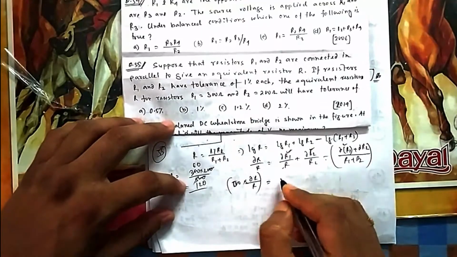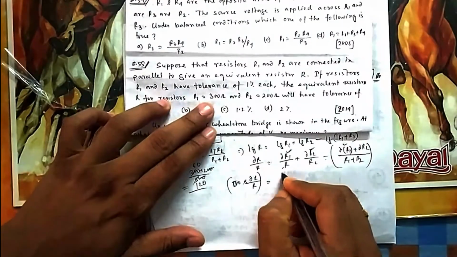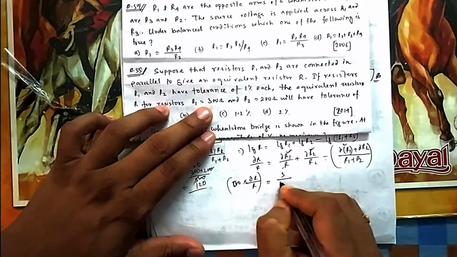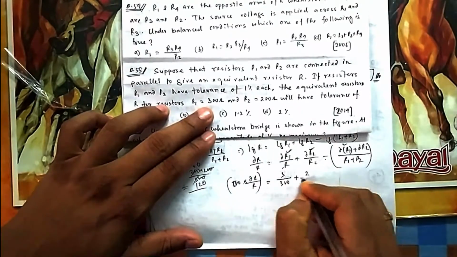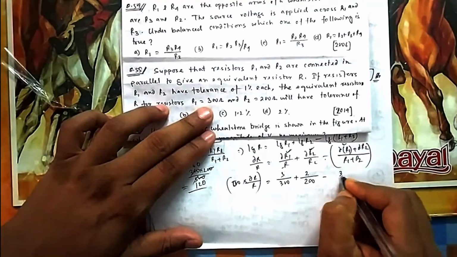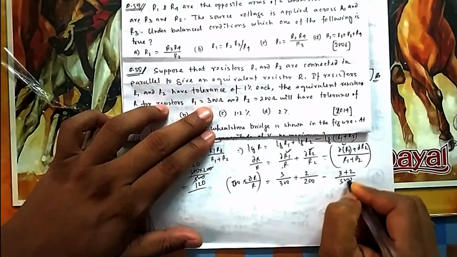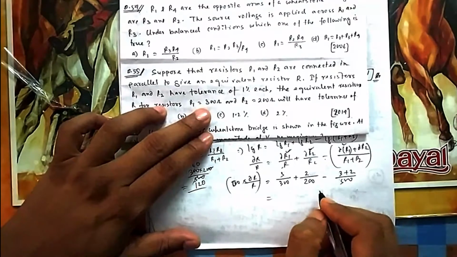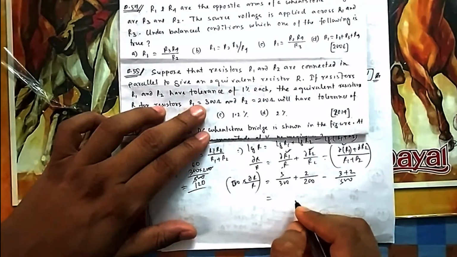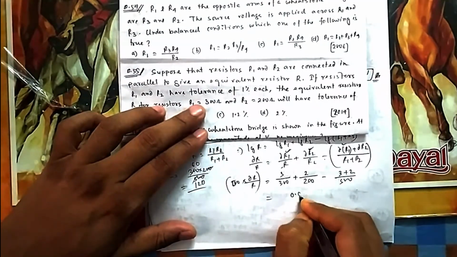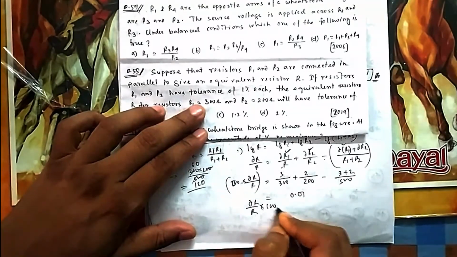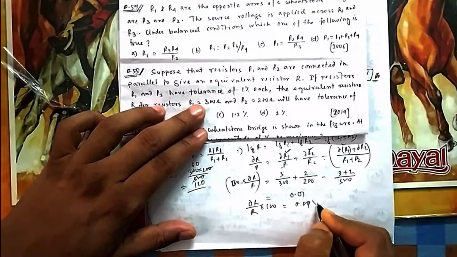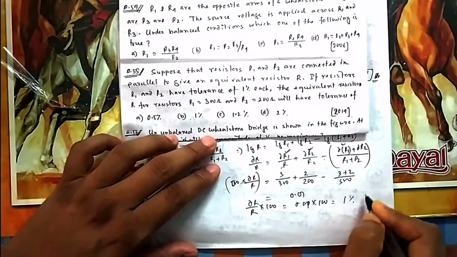What is dR1? dR1 is 3, 1% of 300, divided by 300. For R2, 1% is 2, divided by 200, so it is 3 plus 2 divided by 500. If you do this, you will get 0.01. So dR by R is 0.01. In terms of percentage, you multiply by 100: 0.01 into 100, that is 1%. That is your option B.